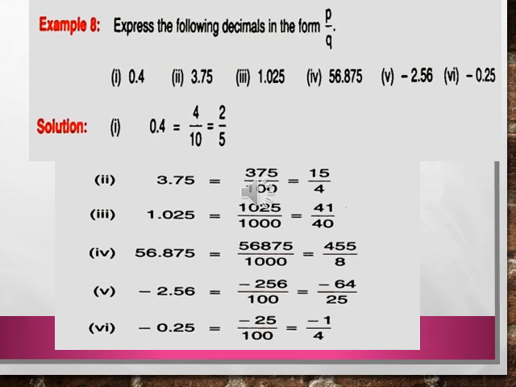How many decimal places? 2. So minus 25 as it is, removing the decimal point, in the numerator, and in the denominator, as 2 decimal places are there, we will write 2 zeros. So minus 25 upon 100 is equal to minus 1 upon 4, which is in the simplest lowest form.